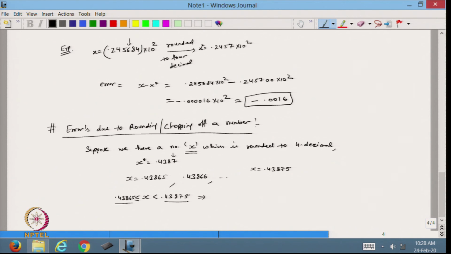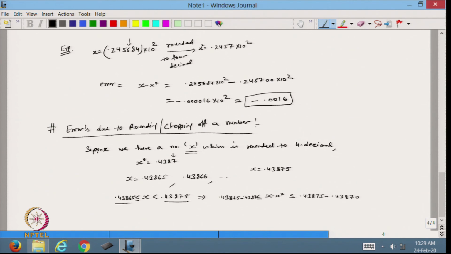Now, I want to see what is x minus x star, that is, how much is the error between x and x star. So, I will subtract x star from each of the numbers. It will be 0.43865 minus 0.4387, and 0.43875 minus 0.4387.